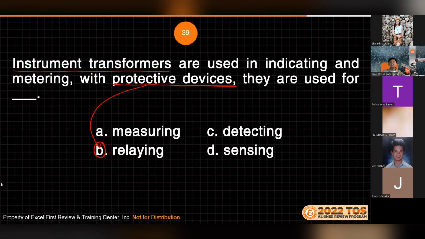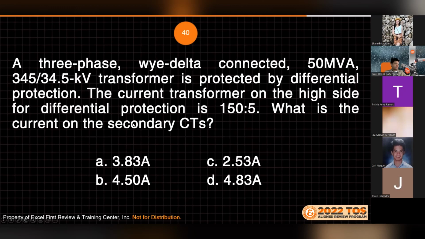So let's proceed with this. Number 40, it says there, a three-phase Y delta connected 50 megavolt ampere, 345 down to 34.5 kilovolt transformer is protected by the differential protection. The current transformer on the high side for differential protection is 150:5.